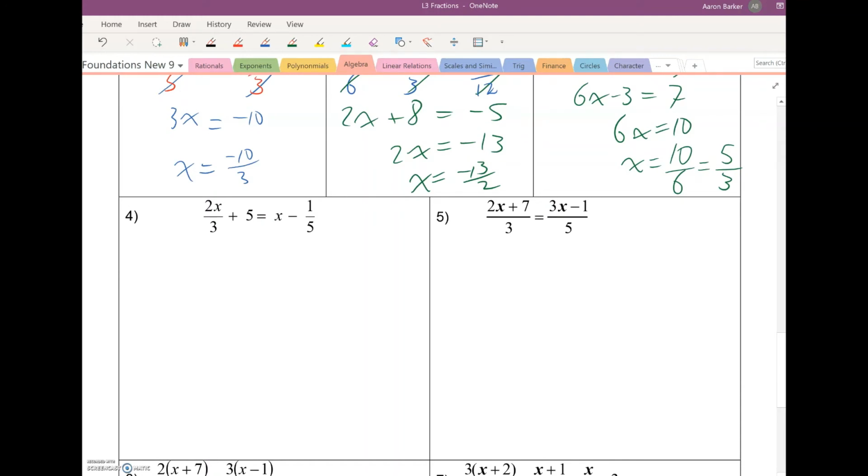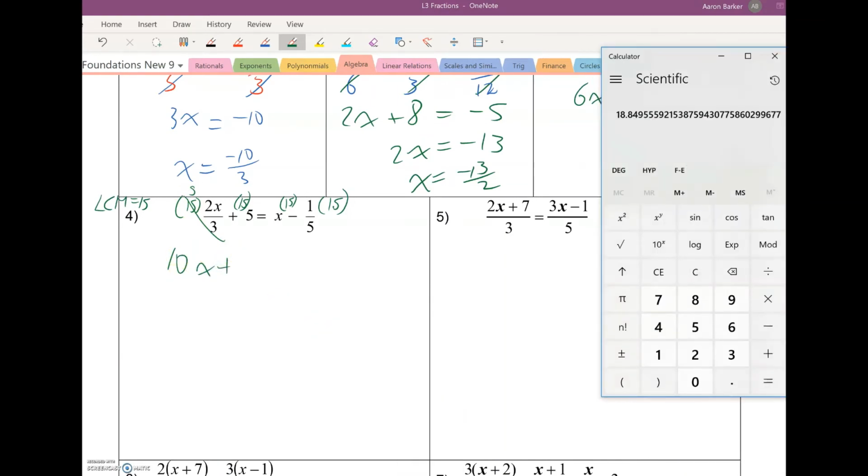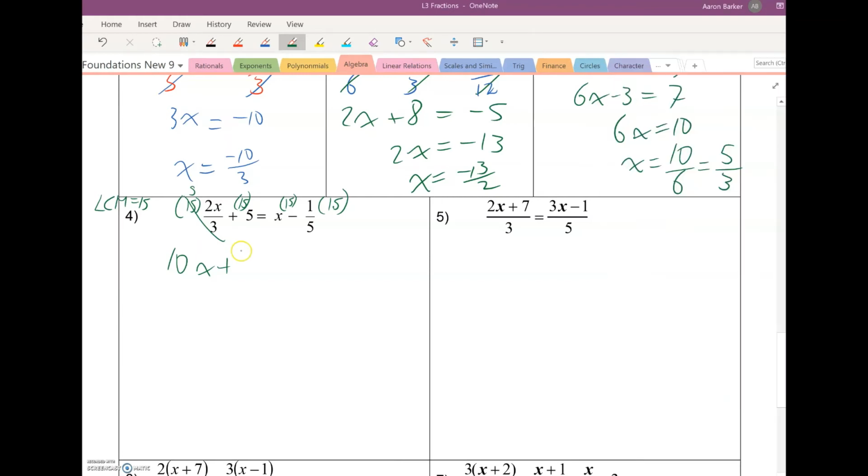Good. 3 and 5, which you multiply by, right? The LCM, which equals 15. So I'm multiplying this one by 15. Again, don't forget your whole numbers. This term also gets multiplied by 15. Multiply by 15. Multiply by 15. Cancels to 5. We get 10x. Plus, 15 times 5 is big. 75 equals 15 times x.